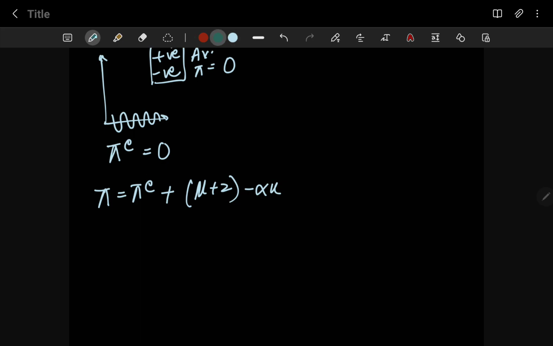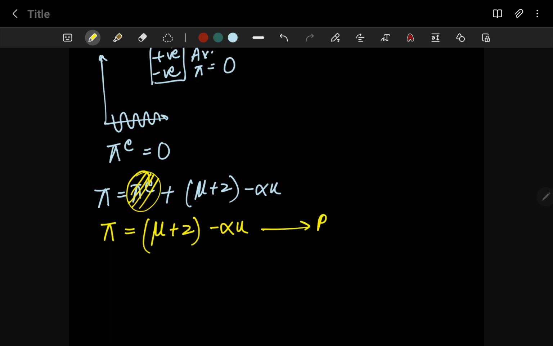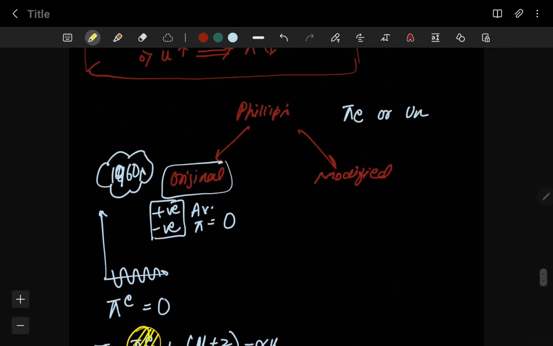Now we see that pi E is 0, so we can eliminate it. So pi equals mu plus Z minus alpha U, and this is the form that we used in the Phillips curve original form, which was used before the 1960s.